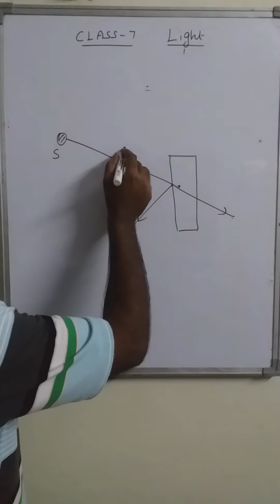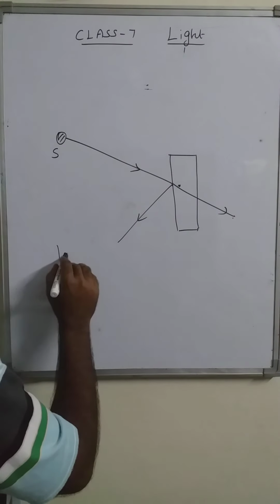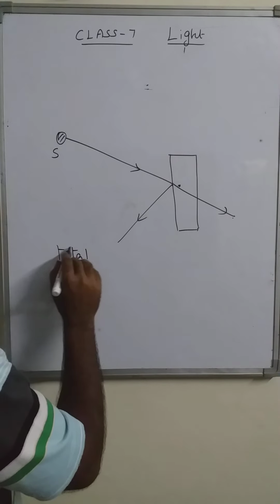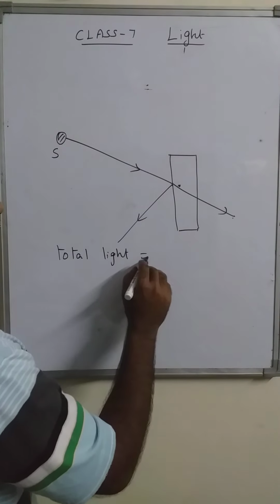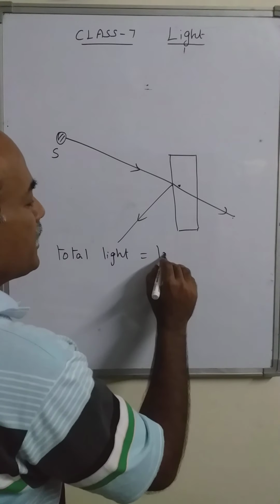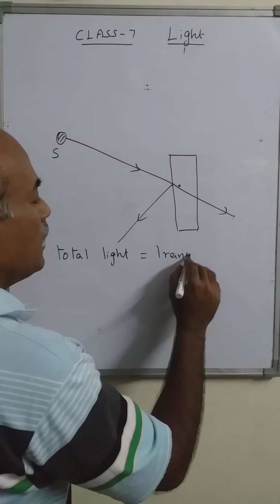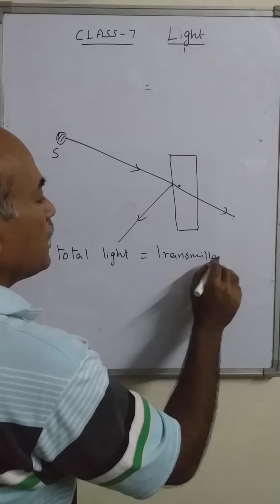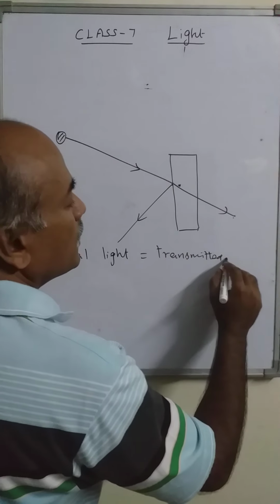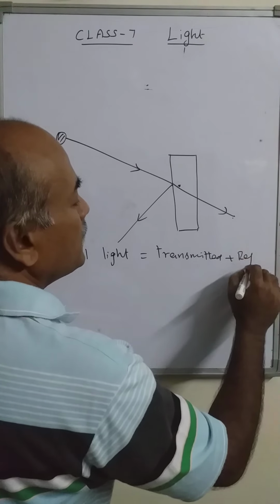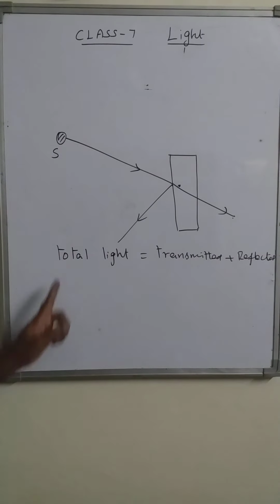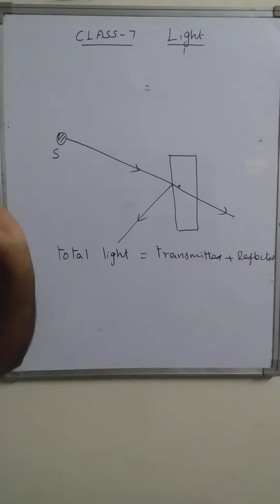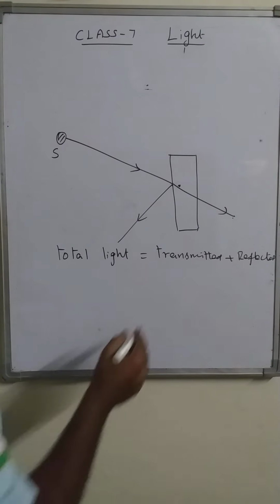So whatever the total amount of light coming and striking the surface, partly it is transmitted and the remaining is reflected. The total amount of energy is given by the source of light.